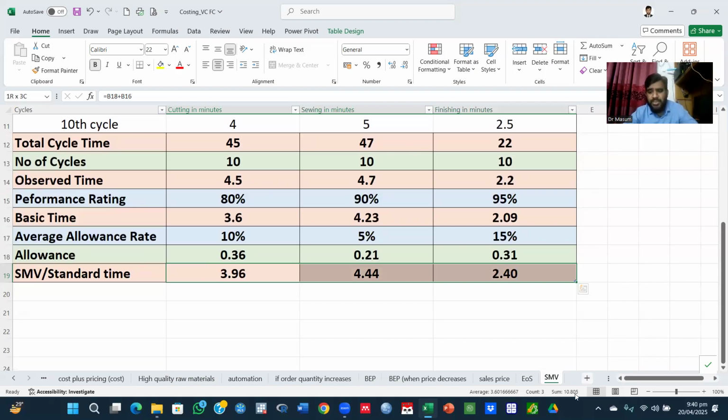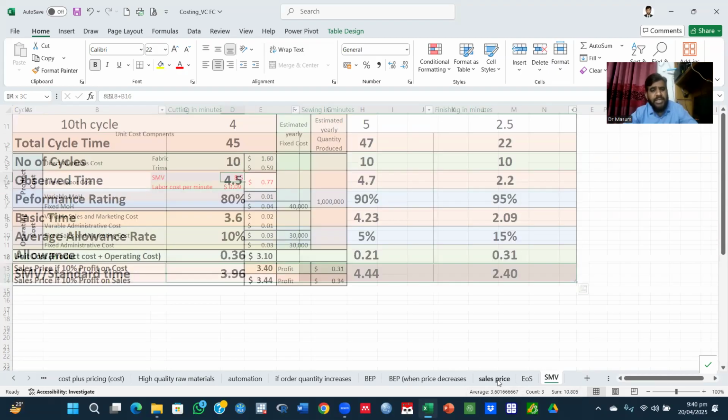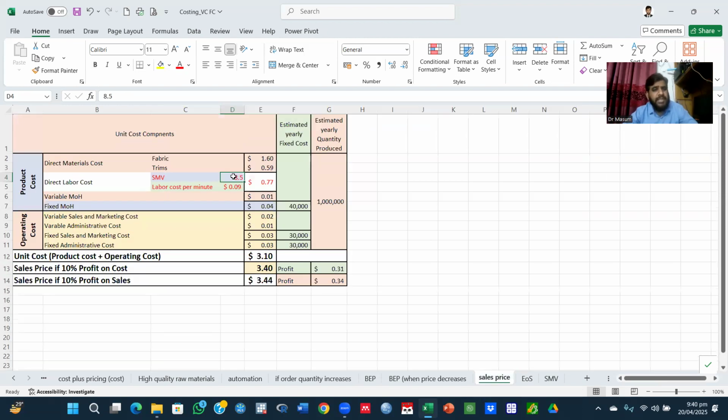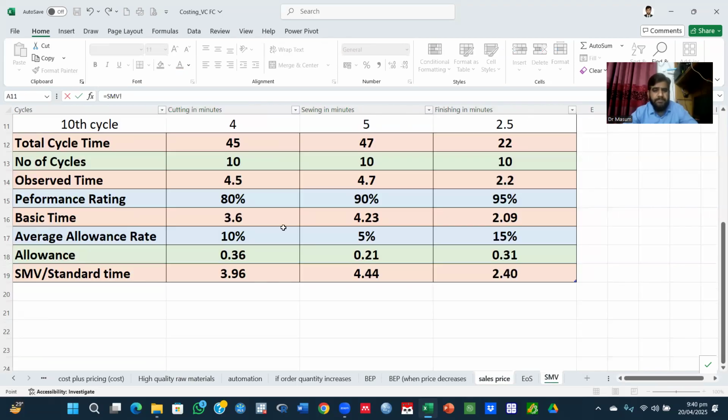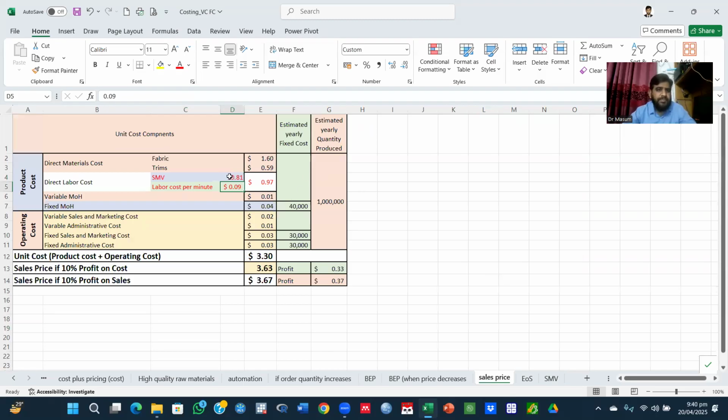And the sum of these three figures is 10.805. So you can use 10.805 here: this one plus this one plus this one. Then your labor cost will be 0.97 per unit, and your unit sales price will be 3.67.